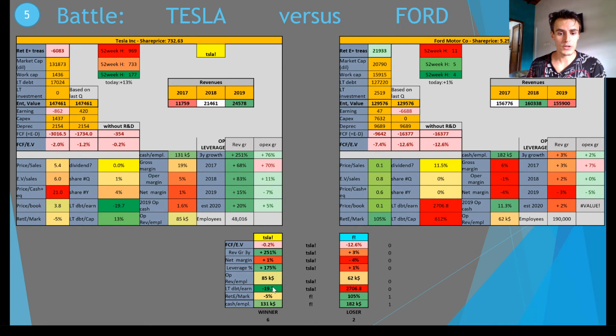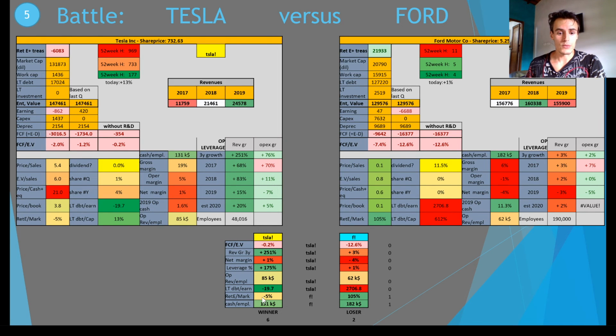Long-term debt divided by earnings, I don't consider here because the values are negative, so the calculation is not working. But I like to look at the long-term debt divided by market cap, and as you can see, Tesla has only 13% compared to 600% of debt compared to market cap for Ford, which is just over the top.